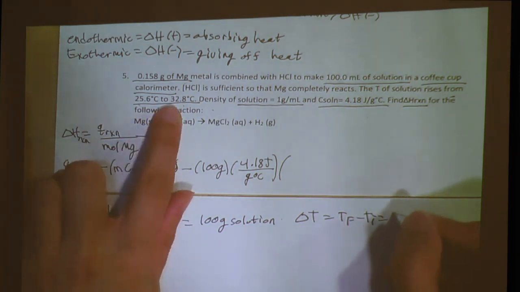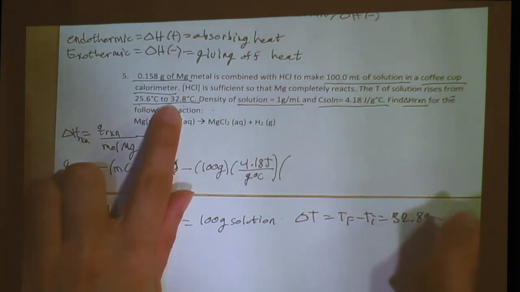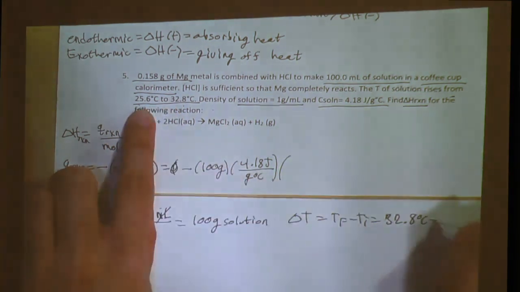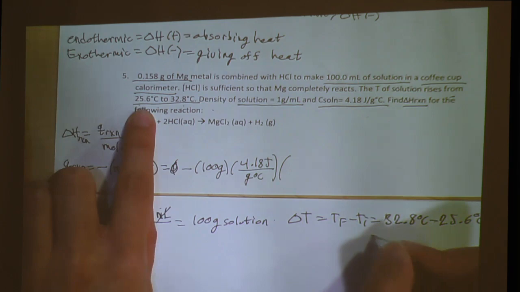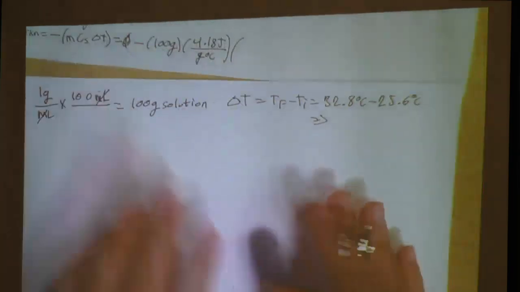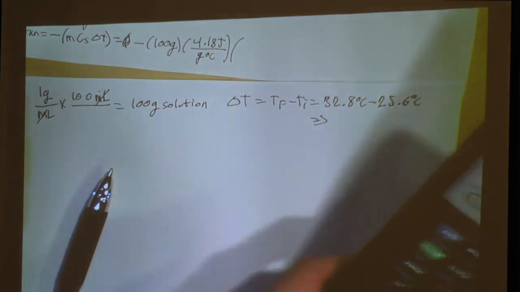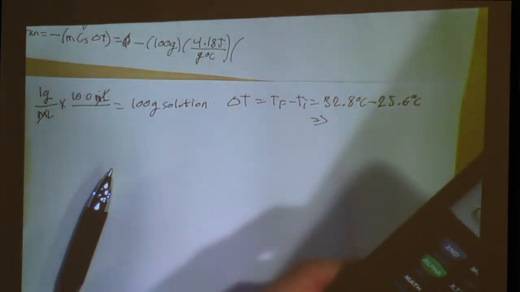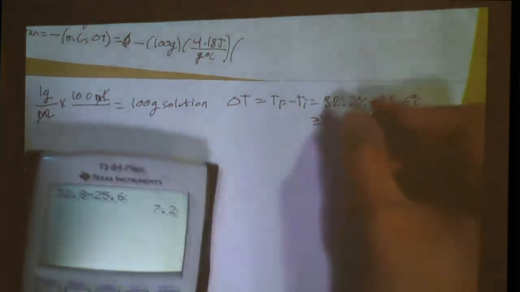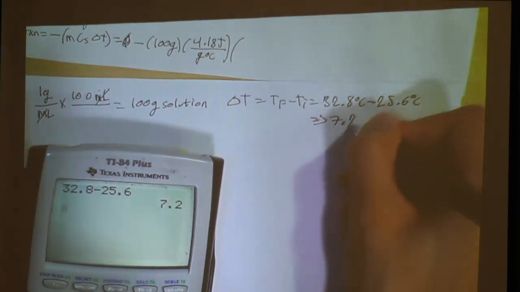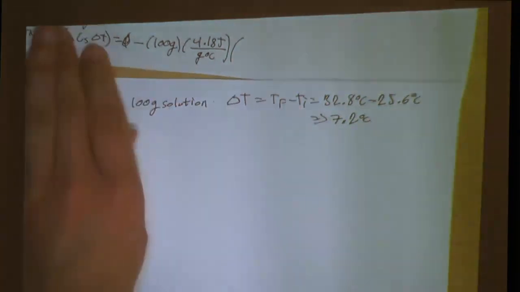Our final temperature was 32.8 degrees Celsius, and our initial temperature was 25.6 degrees Celsius. So 32.8 minus 25.6 is going to be equal to 7.2 degrees Celsius.